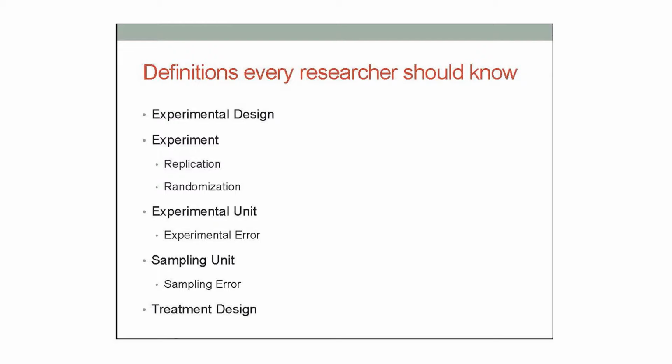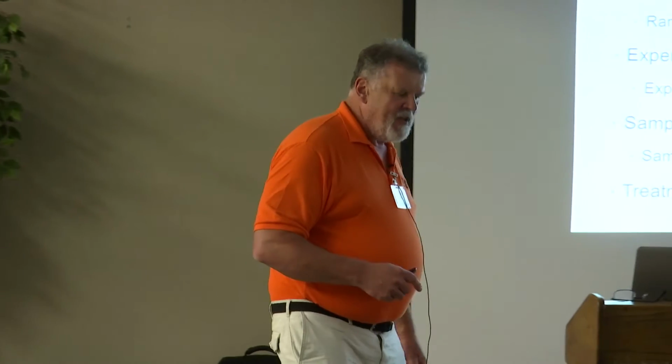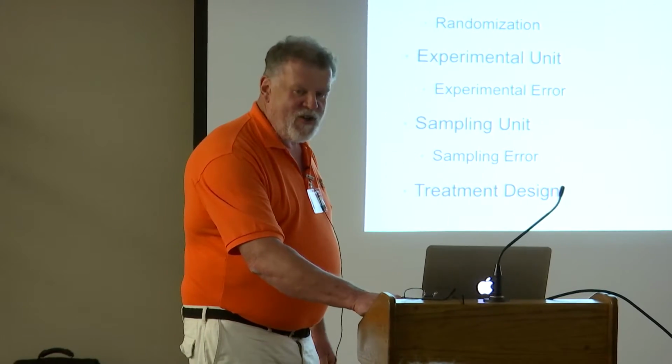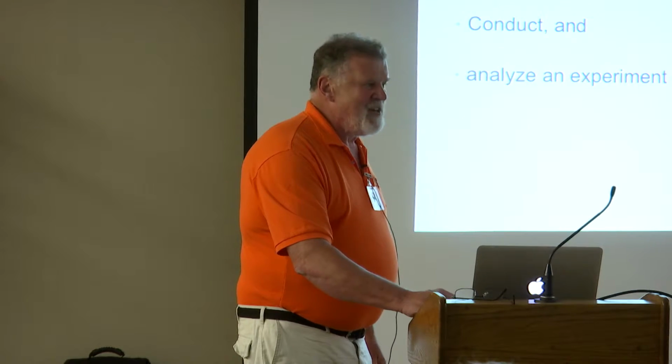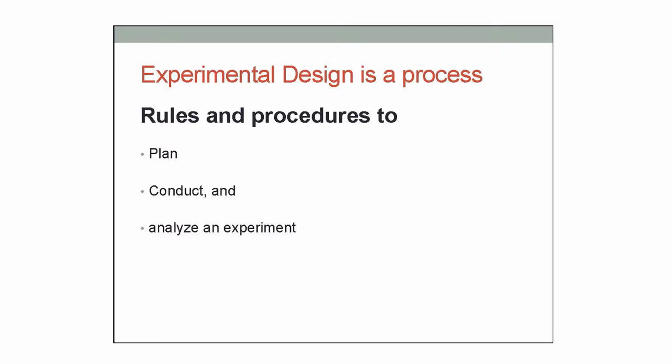Critical is the definition of experimental error, and experimental unit and associated experimental error, and sampling unit and sampling error. And the confusion that those two tales from the dark side suffered because they didn't know the difference. Now, when I teach, I hammer my students with that, and it's strict indoctrination. I don't care, it has nothing to do with modern teaching techniques. I said, this you have to remember.